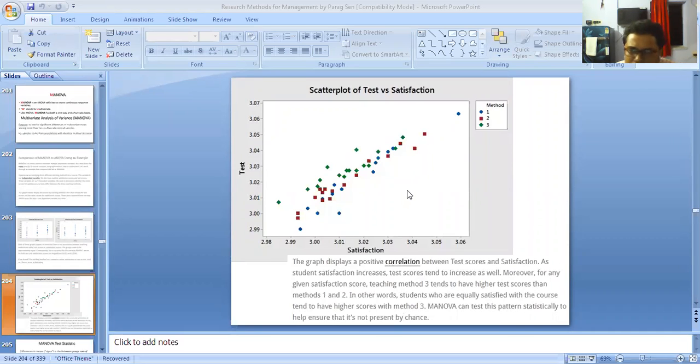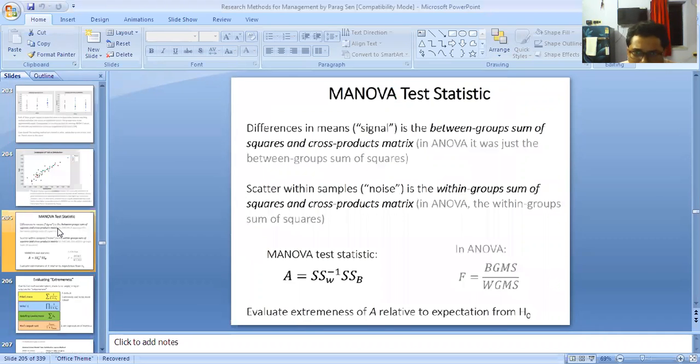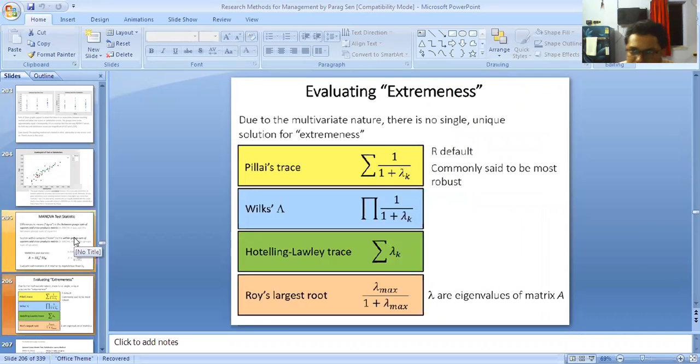So how can you do it? Let's take a look at the MANOVA test statistic. You have seen the test statistic in ANOVA, and similarly there are some test statistics in MANOVA, but due to the multivariate nature, there is no single or unique solution for MANOVA. You can have different test statistics like Pillai's trace, Wilks' lambda, Hotelling-Lawley trace, Roy's largest root.